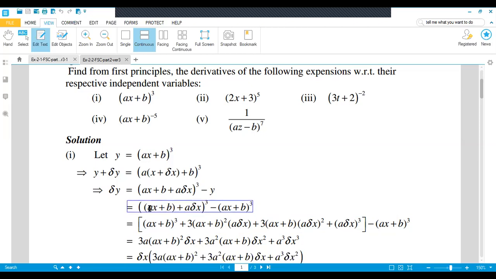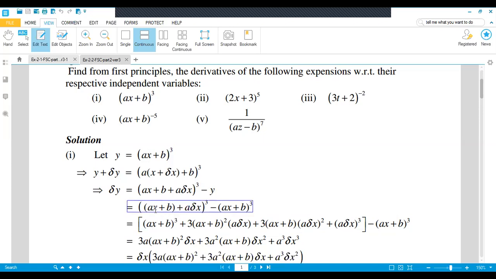Consider this one is x and this one is y, so the formula for x plus y whole cube. With the help of this you open it. You know that the formula x plus y whole cube is x cube plus 3x square y plus 3xy square plus y cube. You know that this is the cube formula.